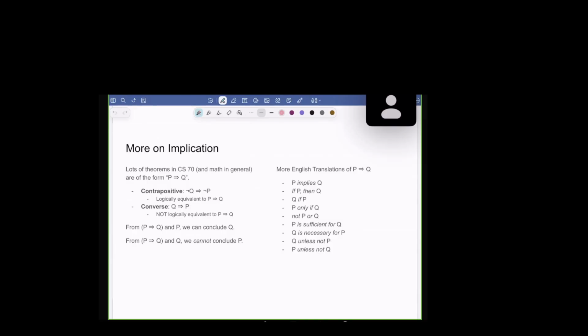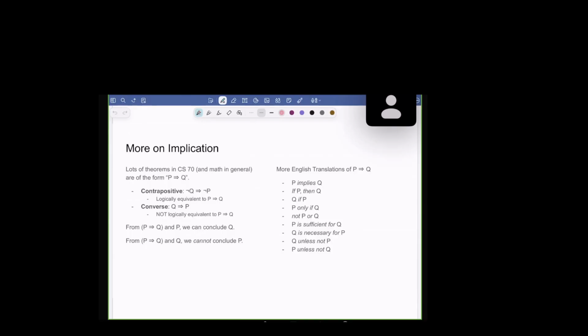So this is what I mean when I said there's usually examples on the midterm where they give you 2 propositions and they ask you, what's Q, right? So here, if we know that P is true and P implies Q, then we know that Q is true. On the midterm, there'll be a lot more propositions, but this is just a simple, straightforward example.